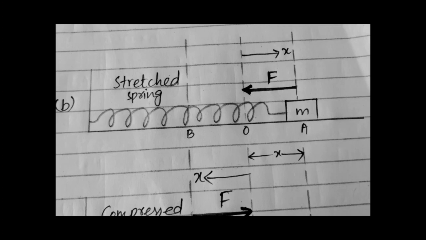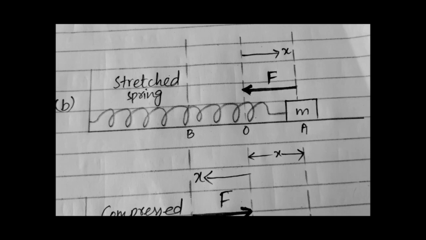We disturb the mass m from position O, which is the initial position, and the final position is at position A. The displacement arrow indicates that the mass m is moving from position O to position A, and the force will act on the mass m, but its direction will be towards the position O. We stretch the spring, or increase the length of the spring, and due to this there is a force acting on the mass m.